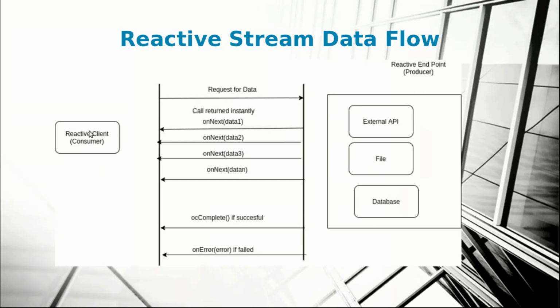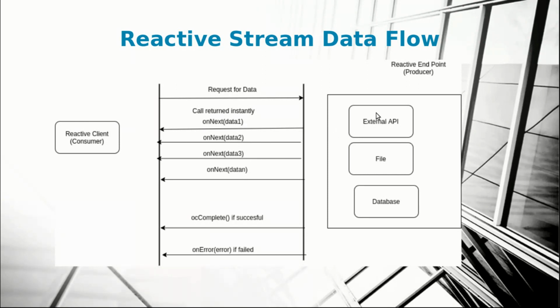Assume this is the consumer, which is your client application, and this is how streaming works in a reactive environment. The reactive client sends a request for data to the reactive producer, and immediately you get a return, because the data transmission happens asynchronously.